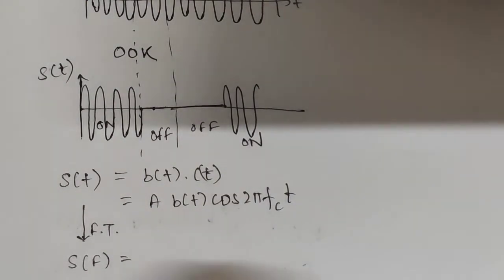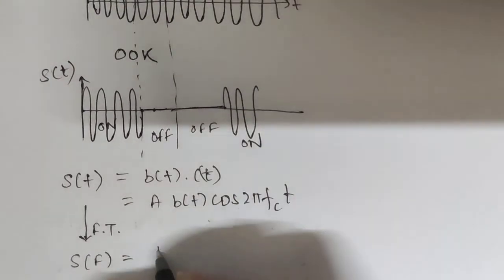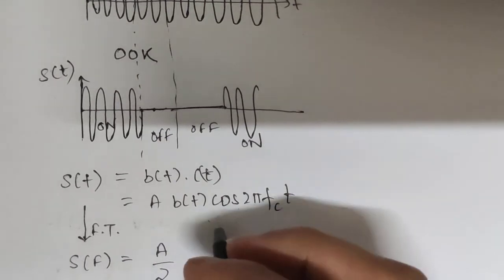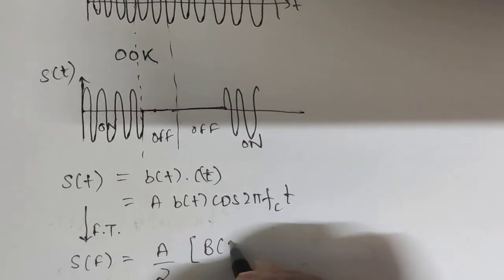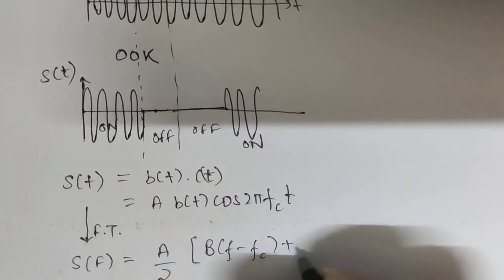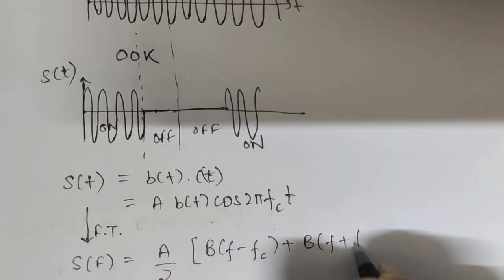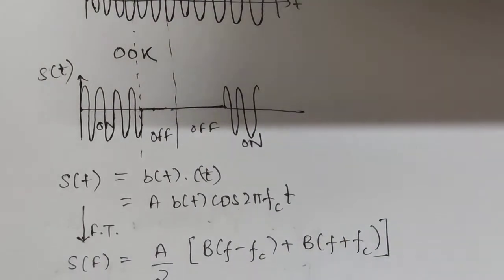But since the delta is multiplied with another quantity b of t, so that delta becomes B. Let me write the equation: A by 2 into B(f minus fc) plus B(f plus fc). This is my equation.